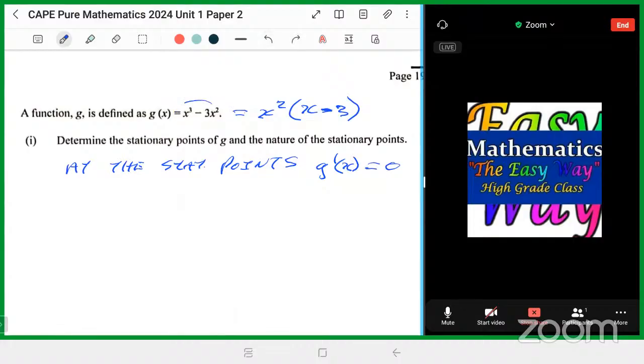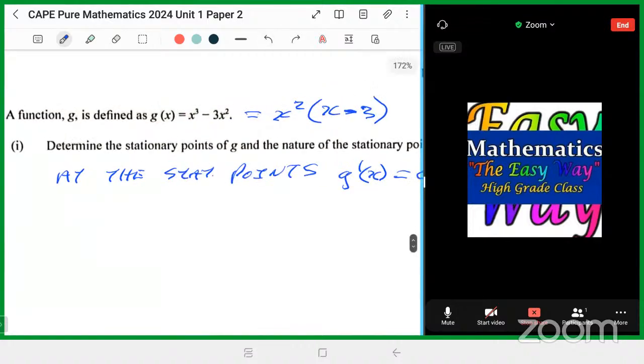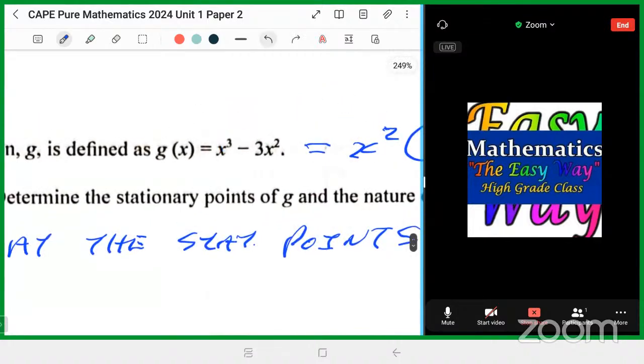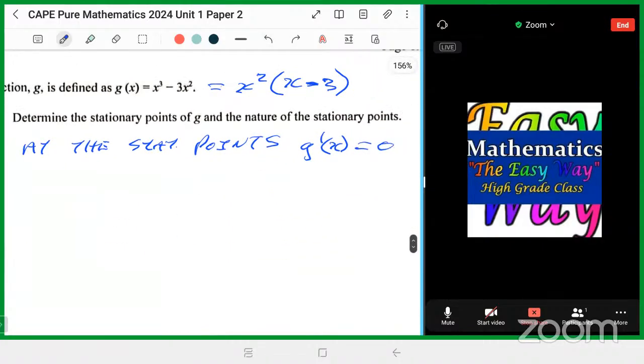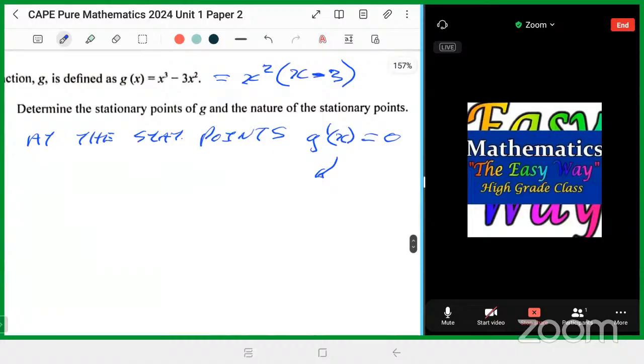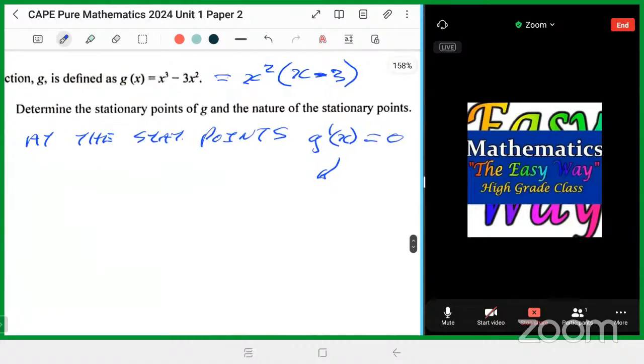So when I differentiate this, that's a cube, and it's a square. When I differentiate that, I'm going to get 3x squared minus 6x equals 0 at the stationary points.